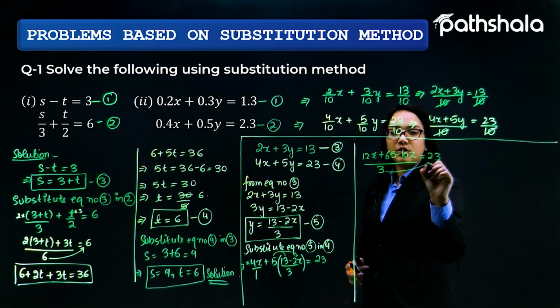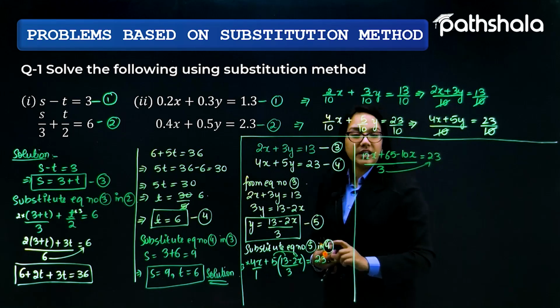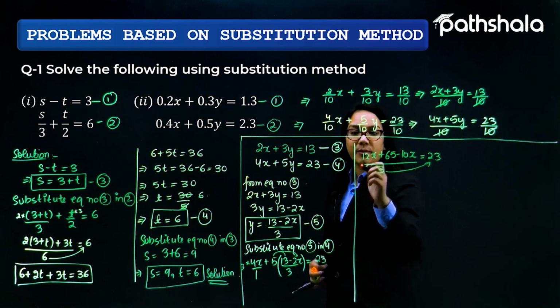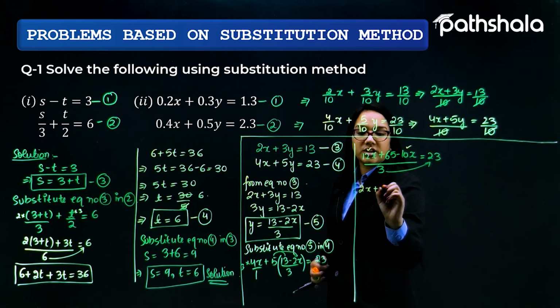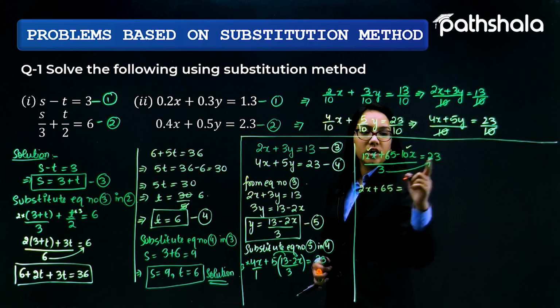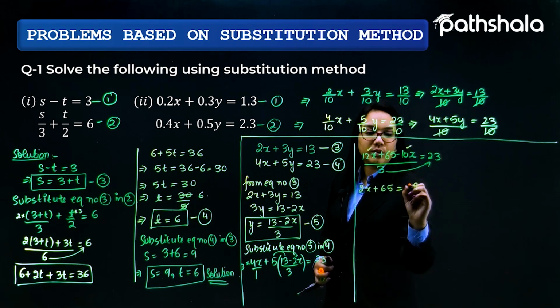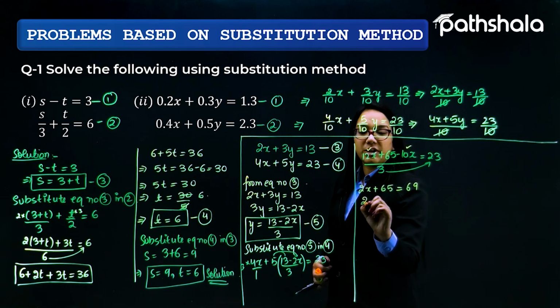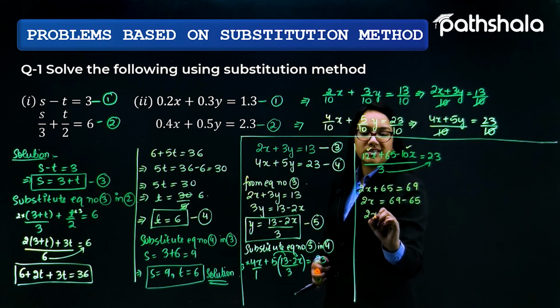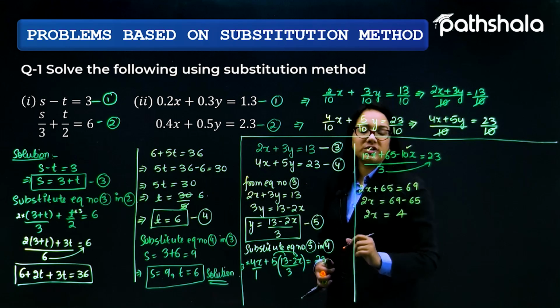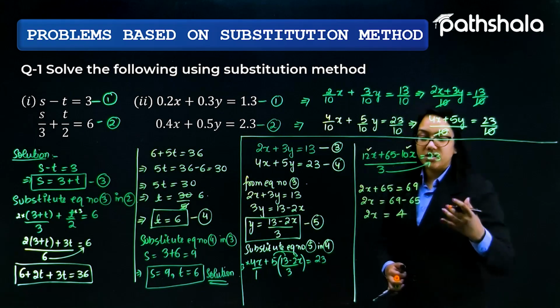Now let's take 3 to the other side. It would be 12x minus 10x is 2x, plus 65, which is equal to 3 into 23, that is 69. It means 2x is equal to 69 minus 65, so 2x is equal to 4.